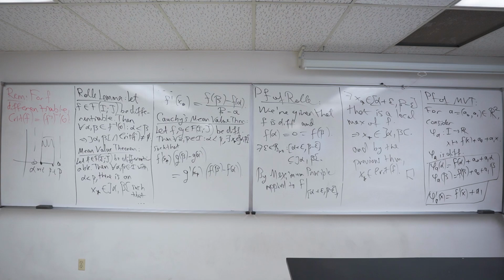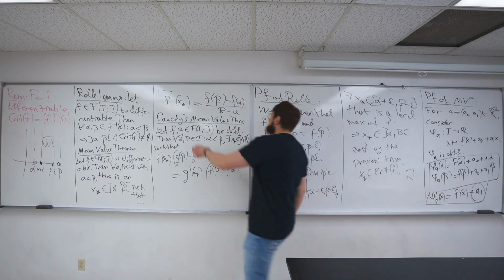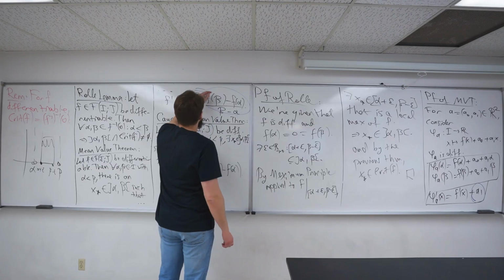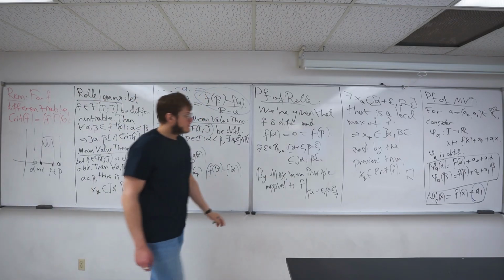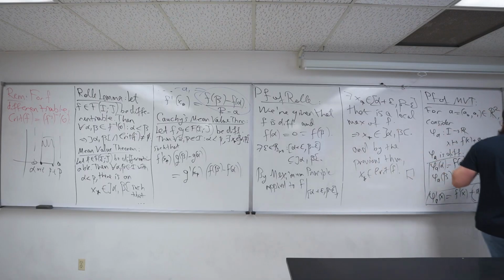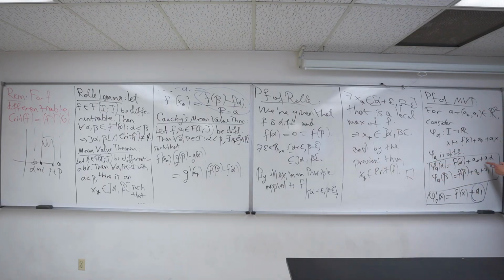In order for that to happen, this has to be minus this. And in order for me to be able to apply Rolle's lemma, A0 should be chosen so that both of these are 0. That's what we're going to do.